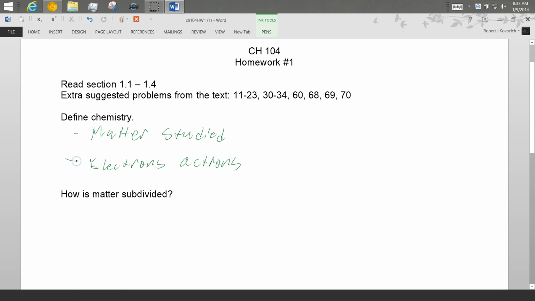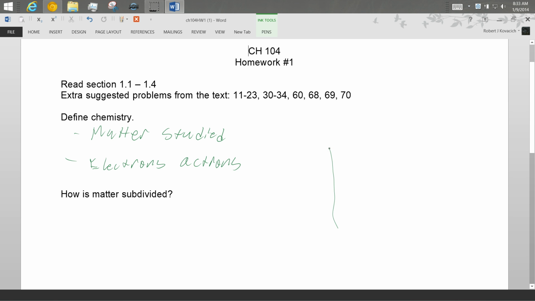Actions or electrons doing something. So those are the two aspects. We're going to study matter, everything that's around you, and then the actual chemical reactions are caused by the actions of electrons. So that's it. That's all we're doing.